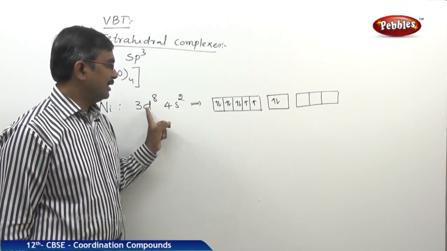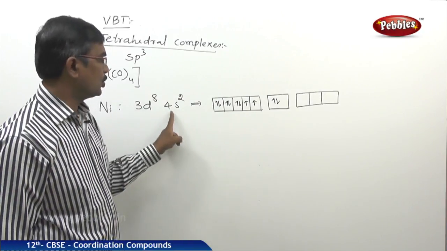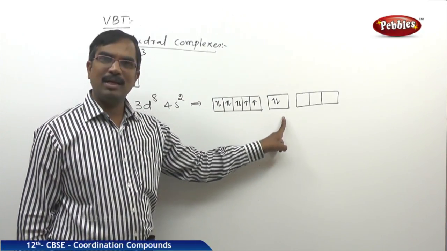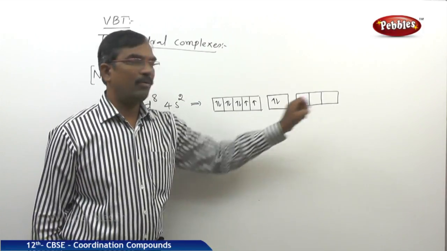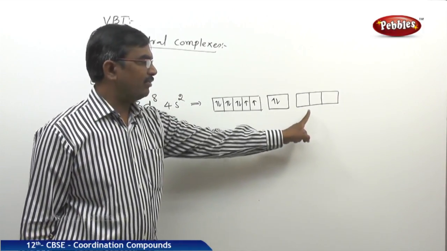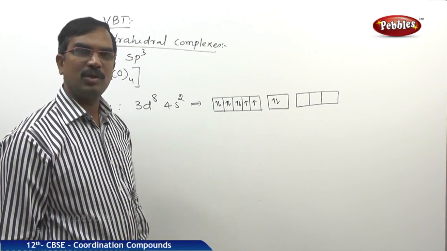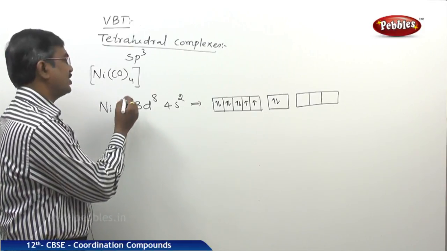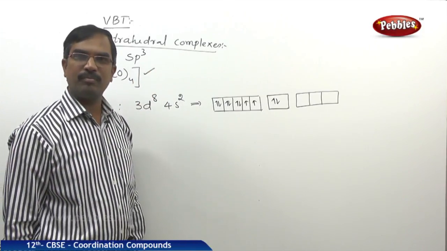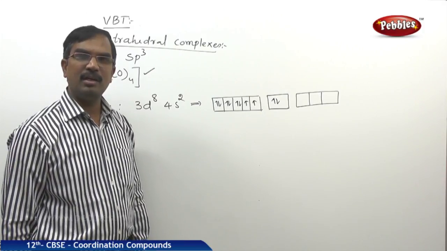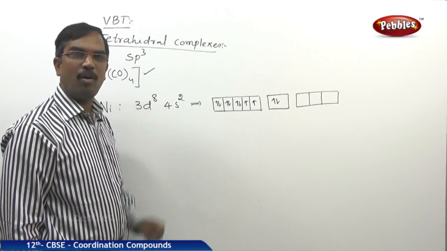So it has 8 electrons in the 3d orbitals and 2 electrons in the 4s orbital, and the remaining 4p orbitals are vacant, 4p0. Now the oxidation state of nickel in this particular complex is 0.